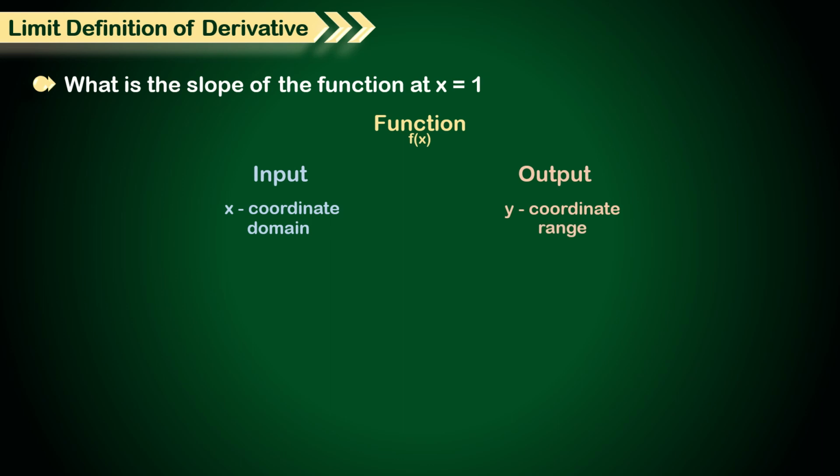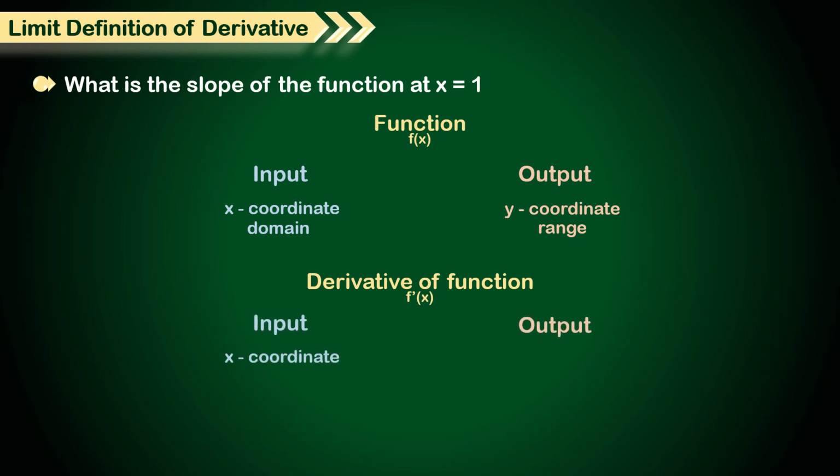The derivative of a function is also a function that has input and output. Input is the x-coordinate or our domain, and the output is the slope of the function. Thus, the original function gives you the y-coordinate while the derivative gives you the slope of the function.